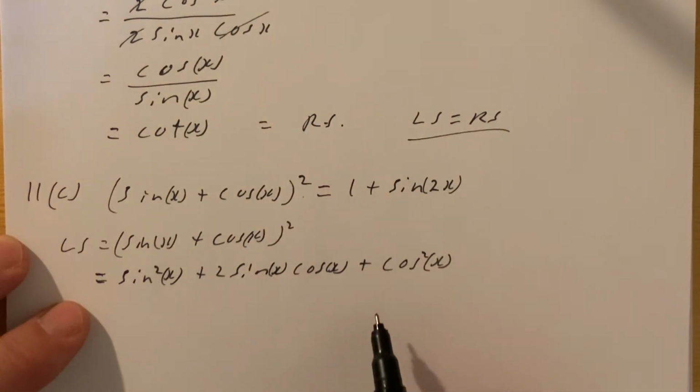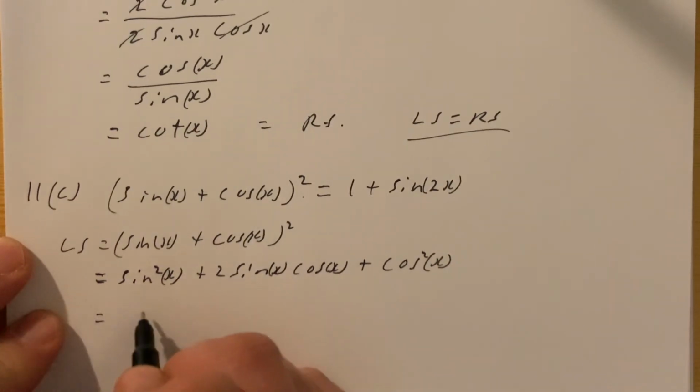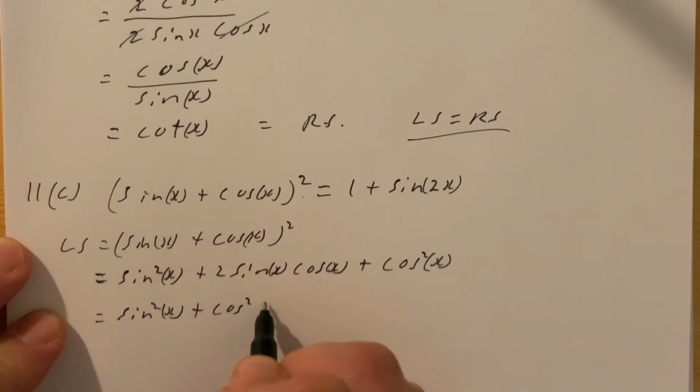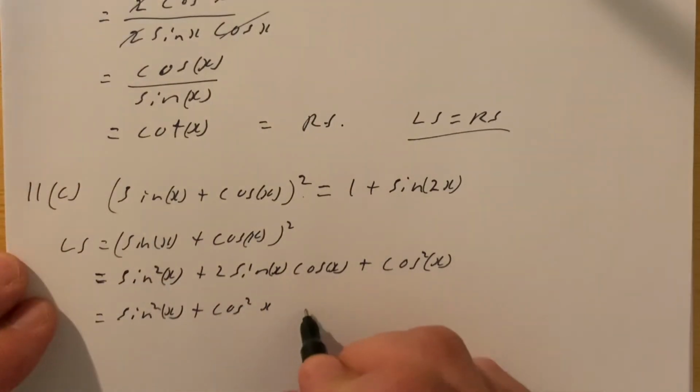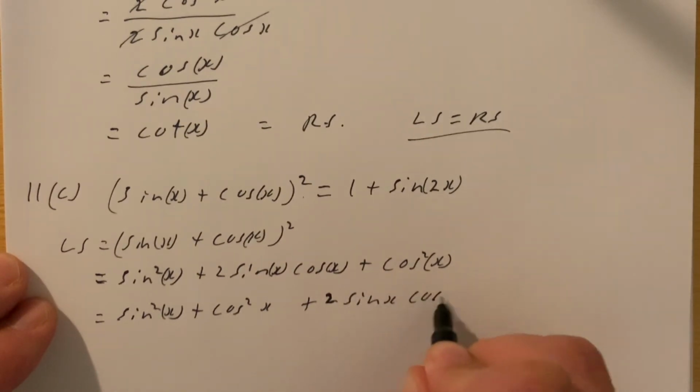Okay. Now sine squared plus cos squared equals 1. So sine squared x plus cos squared x plus 2 sine x cos x.